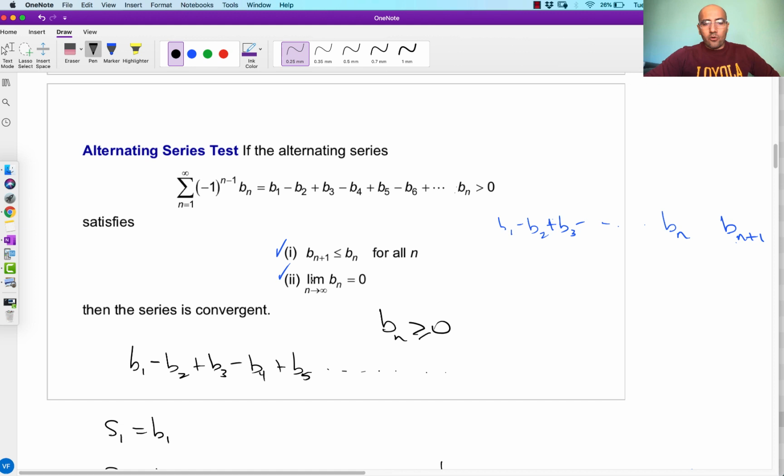So let's explore these two things for the two series that I created. One is that the terms are decreasing, and two is that the limit as n goes to infinity of the individual terms, the absolute value of the terms, or the positive terms, equals 0. So let's explore both of these.